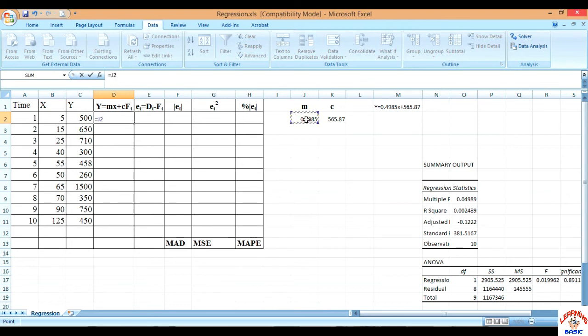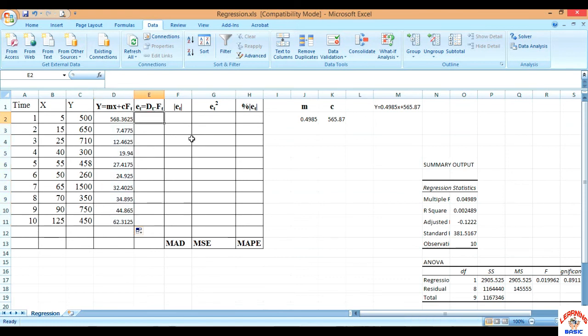Press F4 after putting the m, and into x plus c. You'll get the value over here. Double click over here and you'll get the values.